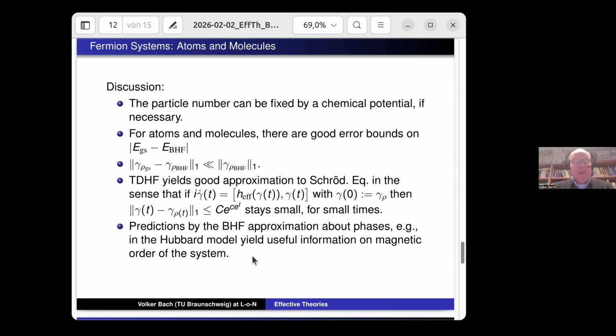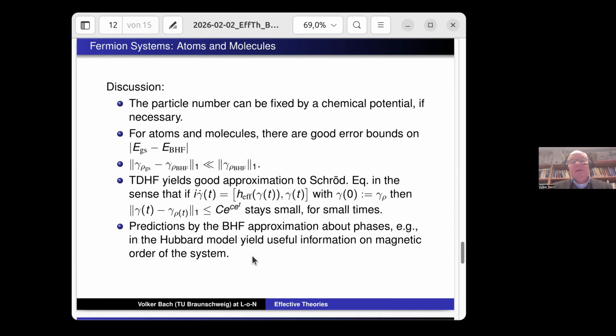And here one can, for instance, see that the Hubbard model at half filling in the BHF approximation is always antiferromagnetic, as it is expected to be, and that for low filling and large coupling, the Bogoliubov-Hartree-Fock approximation for the Hubbard model leads to a ferromagnet, a saturated ferromagnet, in fact.